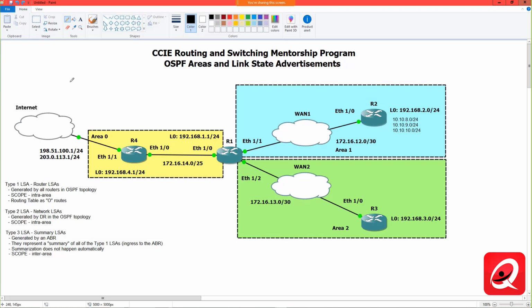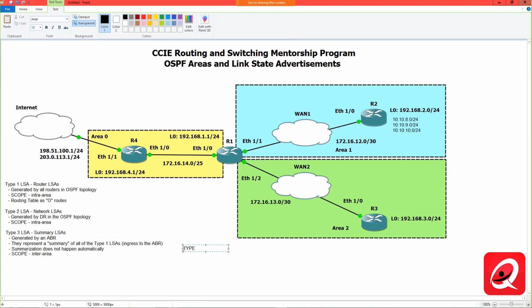Okay? I'm going to skip type 4 for now, and I'll leave a space down here for type 4, and I'm going to go into my type 5 LSAs. A type 5 LSA is called an AS external LSA. I'm going to describe what they are first, and then we'll go ahead and do our discovery on our topology here.